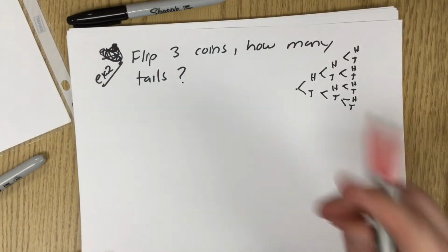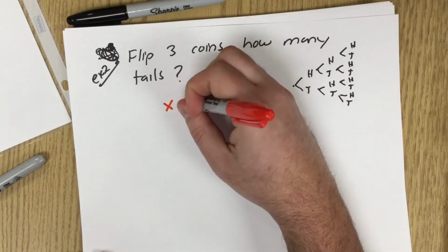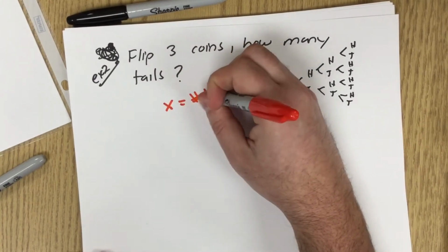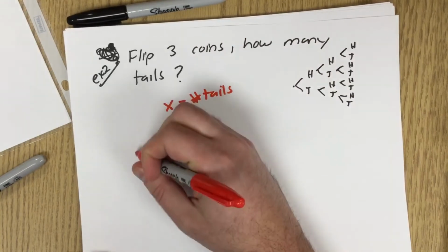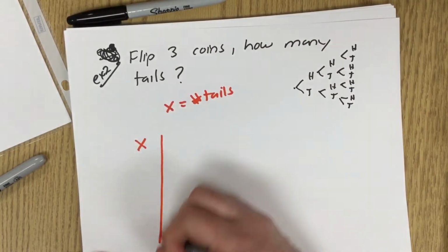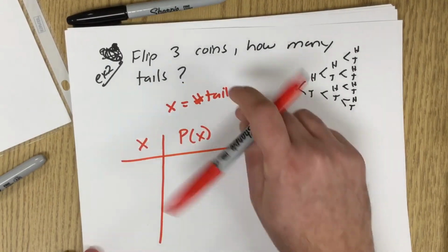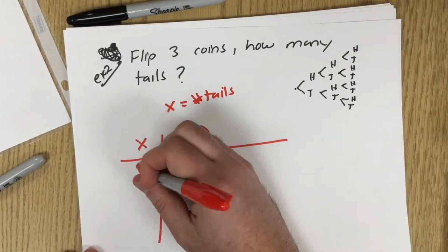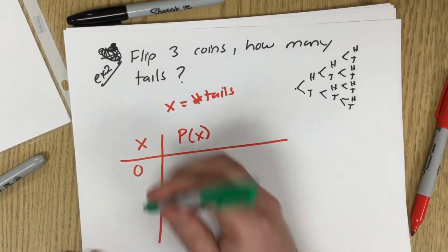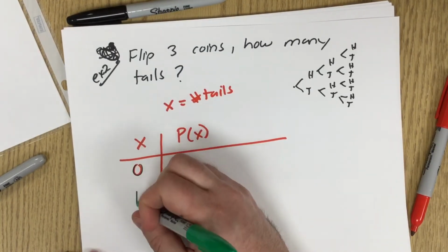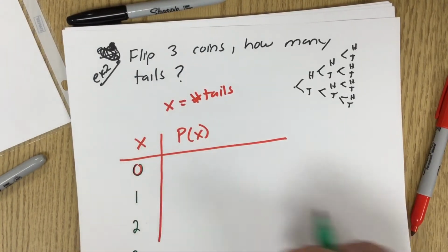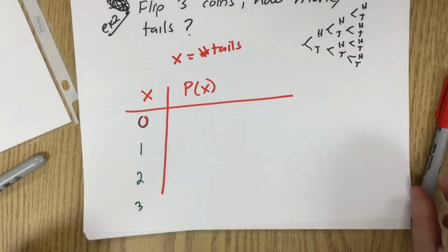So I'm going to define x as, again, the number of tails. So x and p of x. For 3 coins, we could either have 0 tails, or 1 tail, or 2 tails, or 3 tails. Those are the possible options.